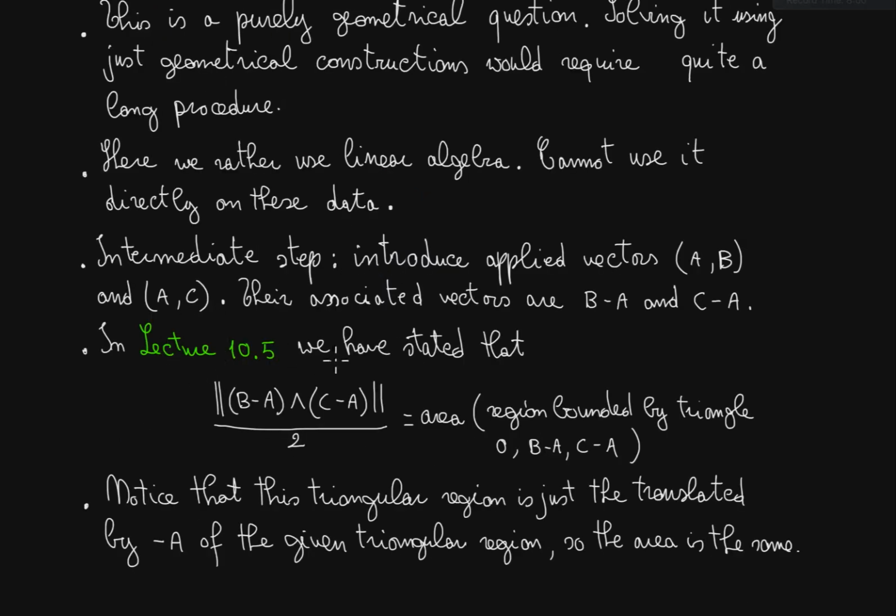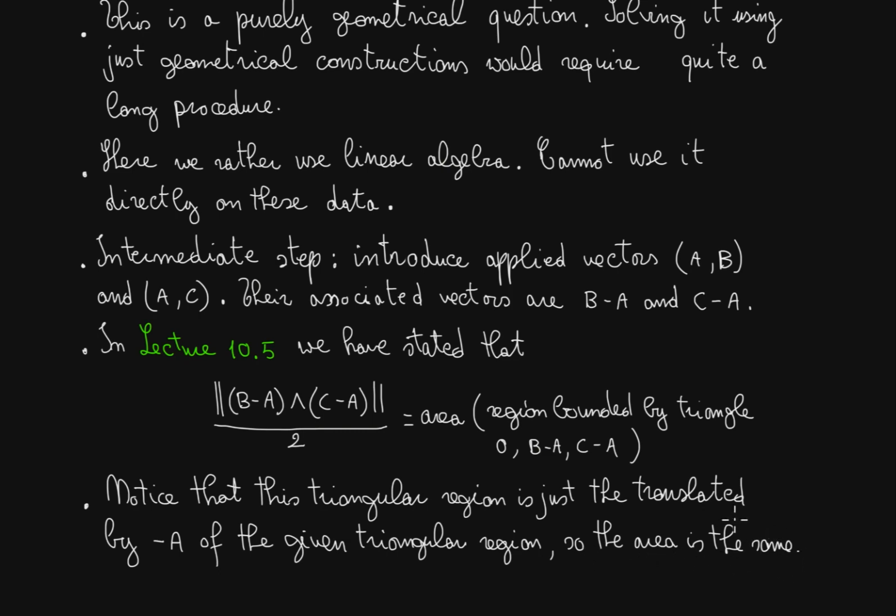In lecture 10.5 we have stated that the area of a region bounded by a triangle 0, which is the origin, B minus A and C minus A, can be expressed as the norm of the vector product of B minus A and C minus A divided by 2. Notice that this triangular region is just the translated by minus A of the given triangular region, so the area is just the same.